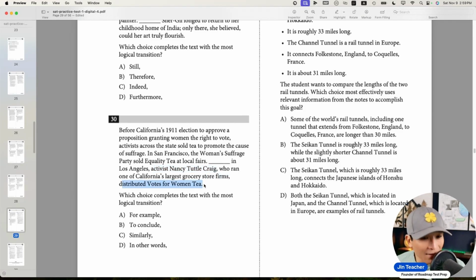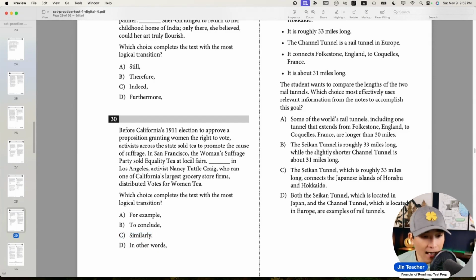So this is another sentence giving us an example of another place in California that's also selling tea to promote votes. If you think about the relationship between these two sentences, it's comparing two things along the same lines. So I know that the correct answer here would have to be similarly, okay?